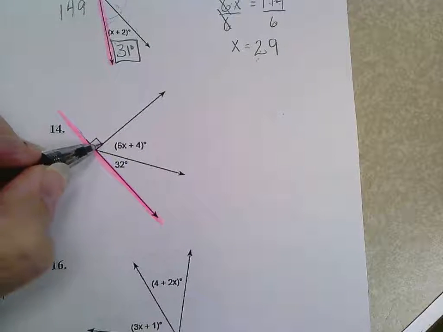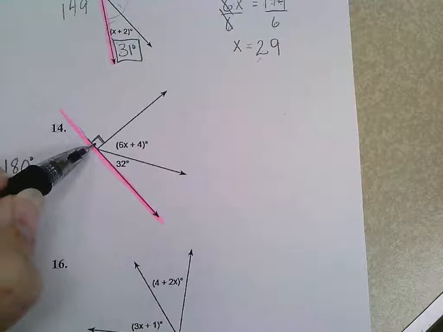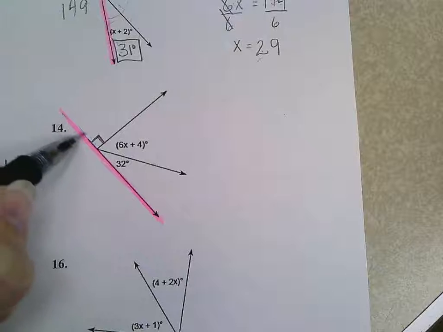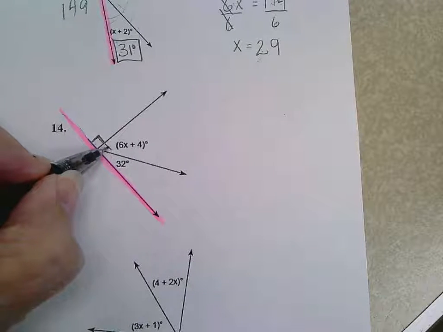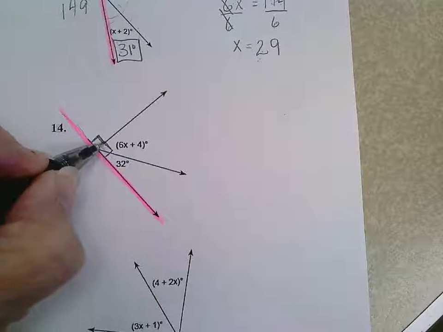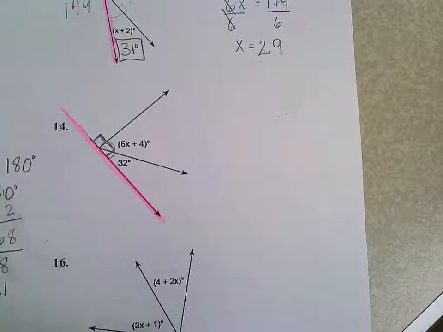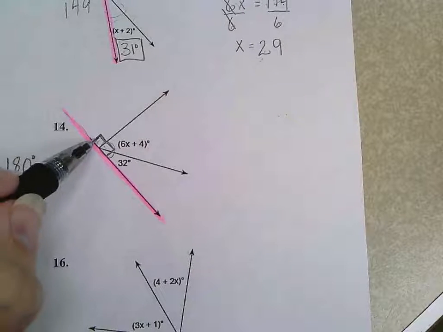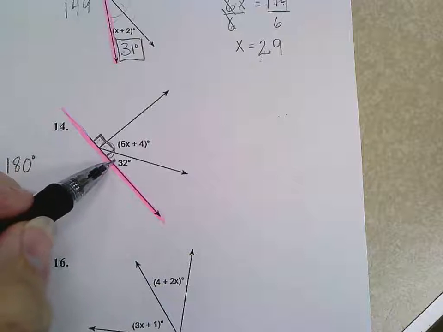But they show you that we have a 90-degree angle right here. And if we have a 90-degree angle right here on a straight line, we know that on the side opposite that ray, this also has to be a 90-degree angle, because 90 plus what would give me 180? Well, it would be 90.